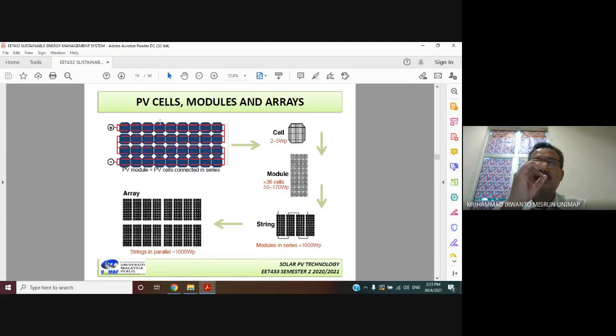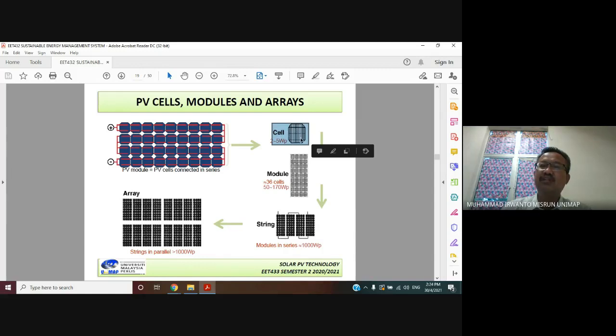From the cell can be constructed a module, and PV modules connected together in series we call a string. Some strings of PV modules connected together in parallel we call an array. For example, you can see here, this one is a cell, also called a PV cell.